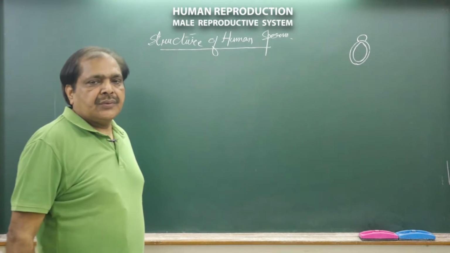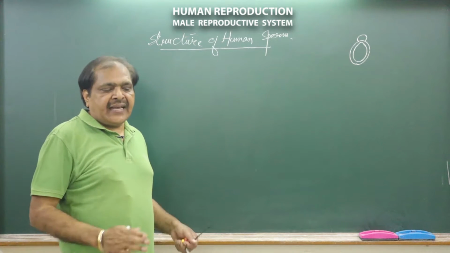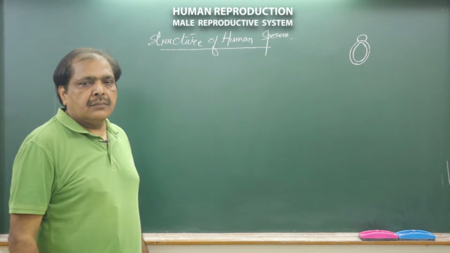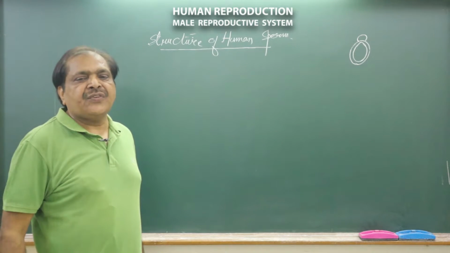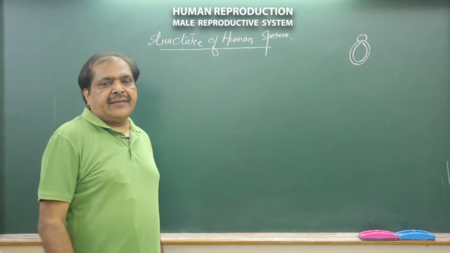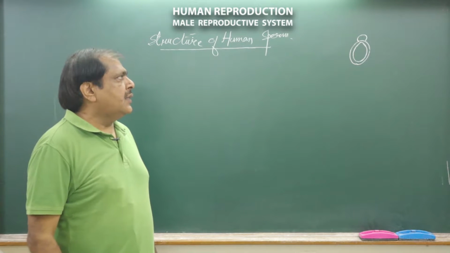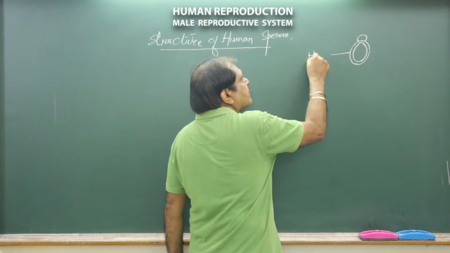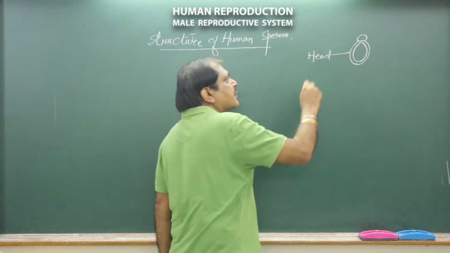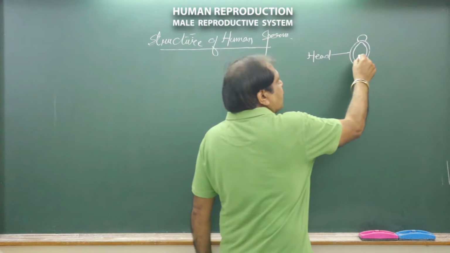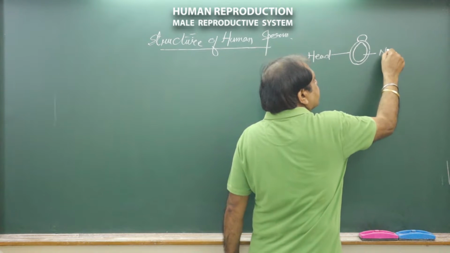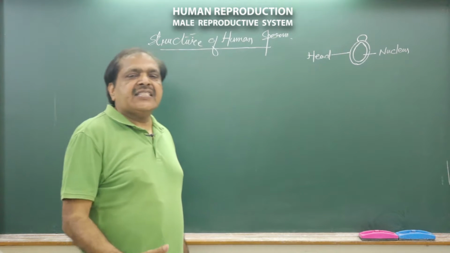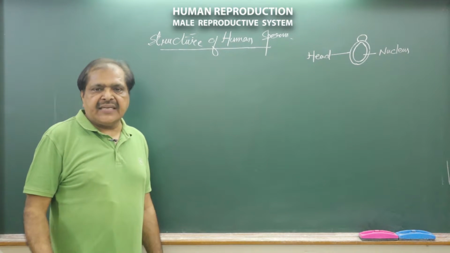Yesterday I told you, when spermatids undergo transformation to form the sperm, various changes occur in the spermatid. This is called the head. This is called the nucleus. The nucleus contains the chromatin material, that is the DNA.